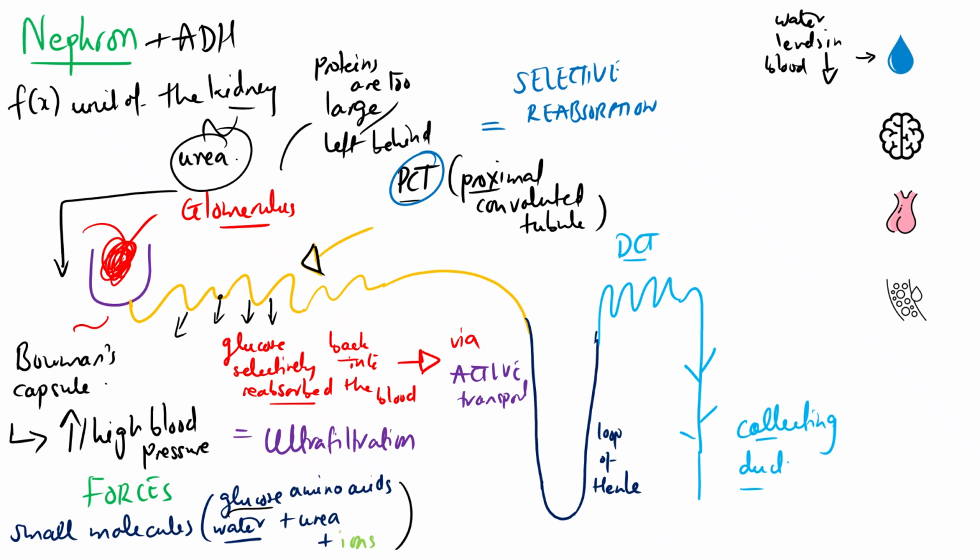What detects it? Well, our first key word is osmoreceptors. They detect water concentration. So the square brackets refer to concentration. Where are they located? There's a part of the brain which also controls body temperature. That's called the hypothalamus. That's the location.